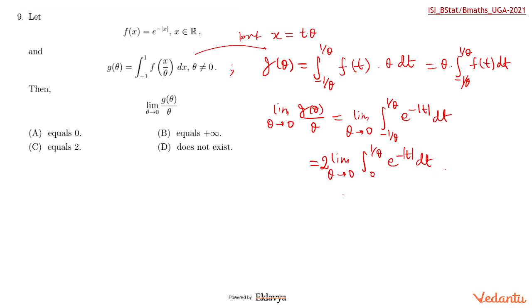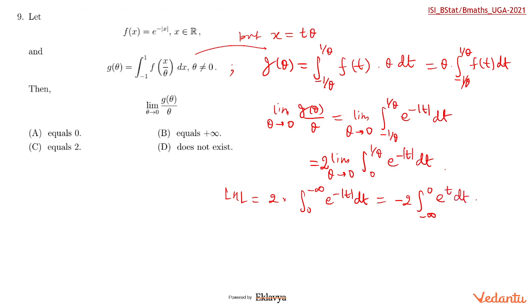Alright, whether this limit exists or not. The question says, if we check the LHL, left hand limit, it is 2 into the integral from 0 to minus infinity of e raised to power minus mod t dt, with theta tending to 0 minus. As t is on the negative side, we can write minus 2 times the integral from minus infinity to 0, limits interchanged, of e raised to power t dt, because t is negative so mod t is minus t, and minus of mod t is t.